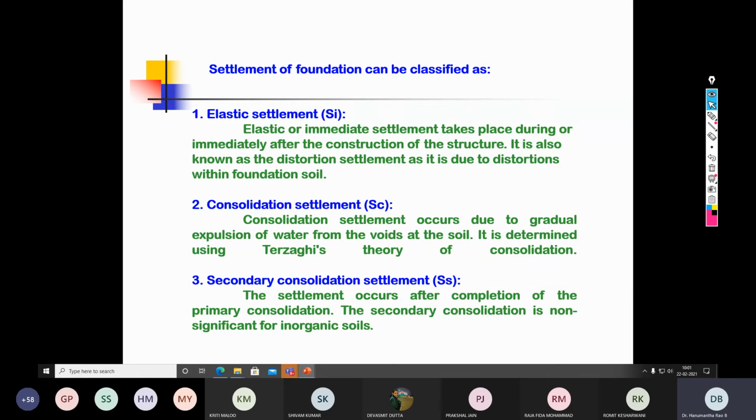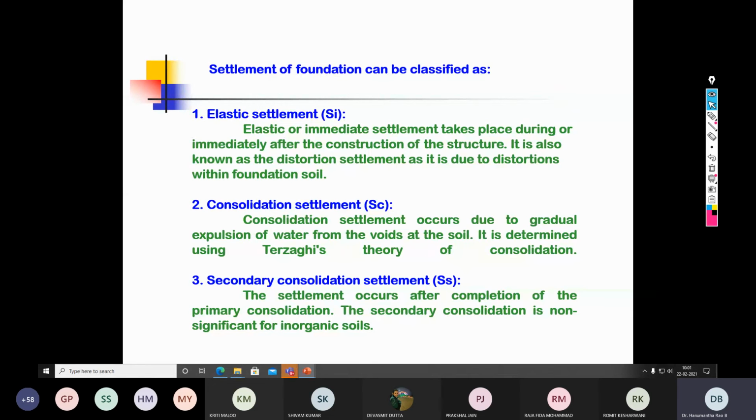In summary, the elastic or immediate settlement can happen immediately on applying the load, predominantly in sand, but in a small magnitude in clayey soils. Consolidation settlement cannot occur in sandy soils. It is predominant only in clayey soils.